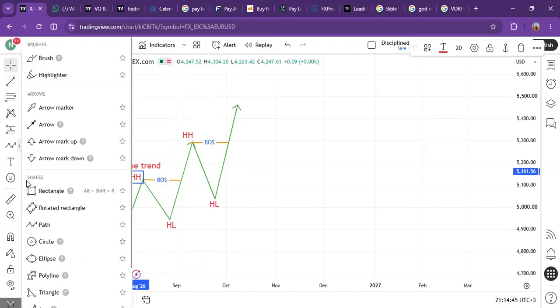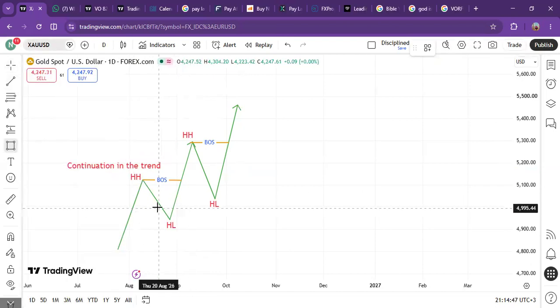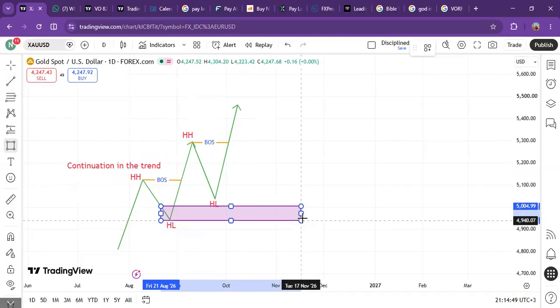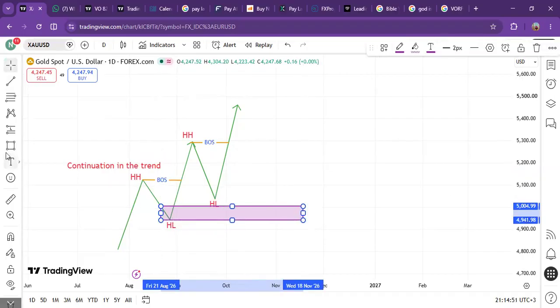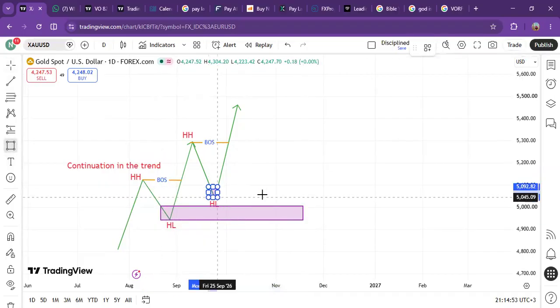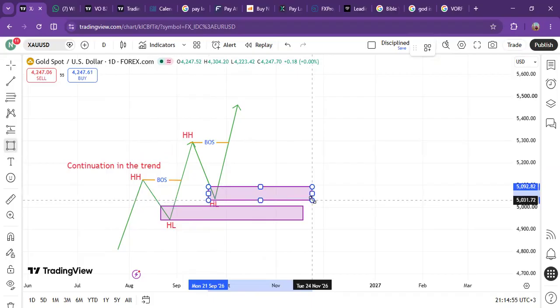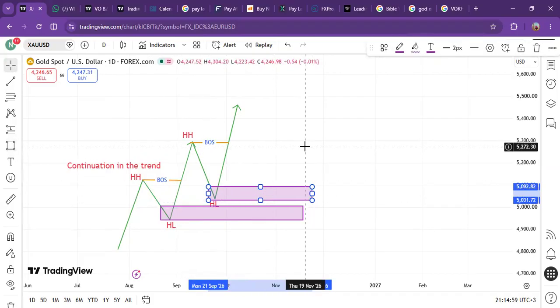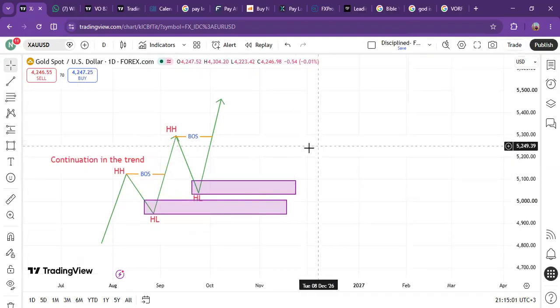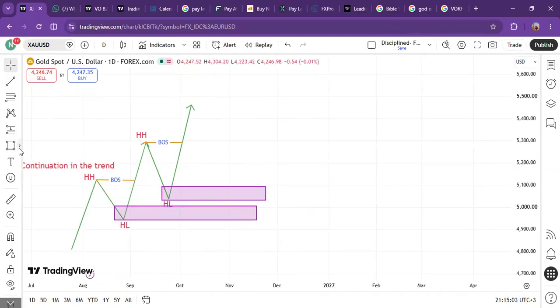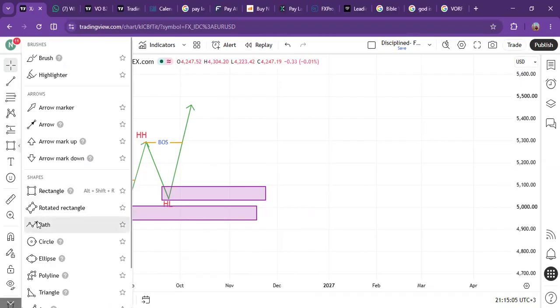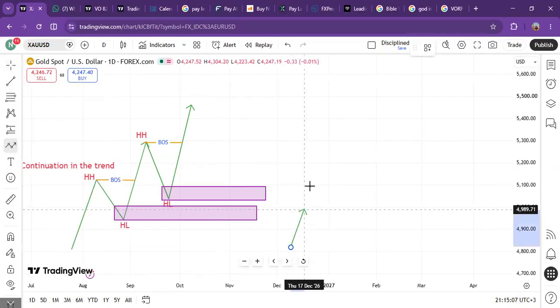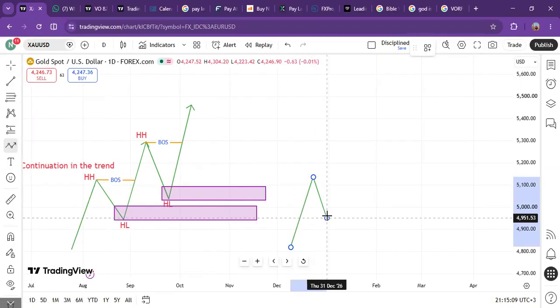So you're going to notice that this low here has not been broken by this low. Because if the market closes below, then it's going to be something else. Then, when you mark the break of structures, sometimes, let me draw something here.